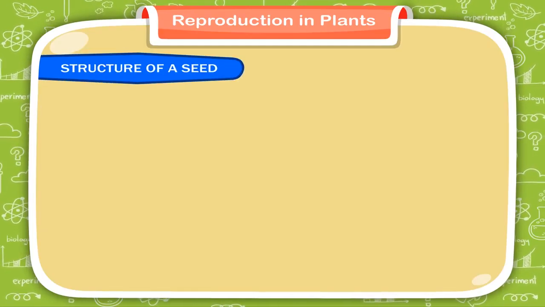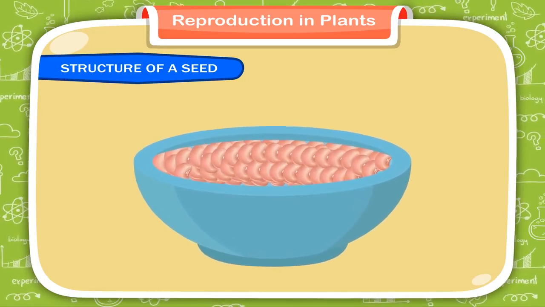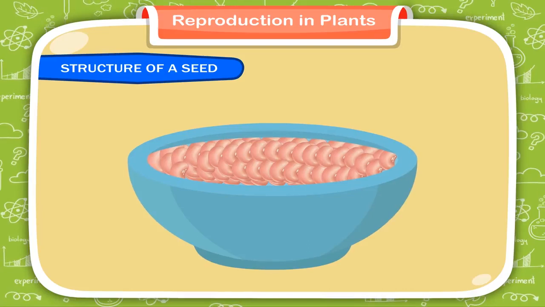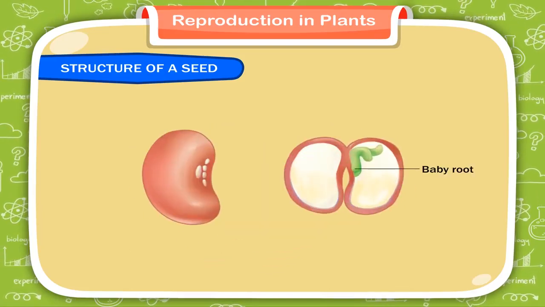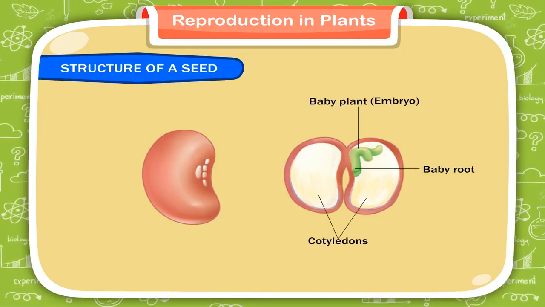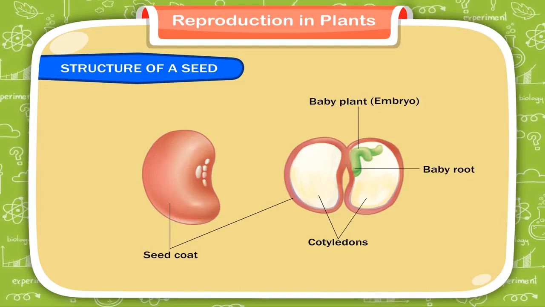Structure of a seed. Take a few bean seeds or gram seeds and soak them for a few hours. Now, it becomes easy to split the seed and look at its parts. You will see that a seed has 3 main parts. A thick outer covering which is called the seed coat.